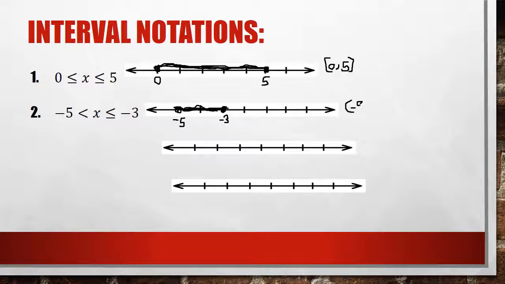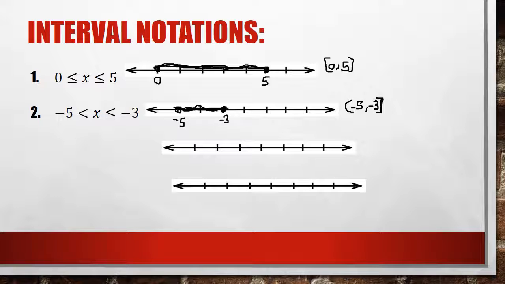And I'm going to include negative 3, that's why my inequality ends at negative 3, and I'm going to use a bracket at this side to represent negative 3.